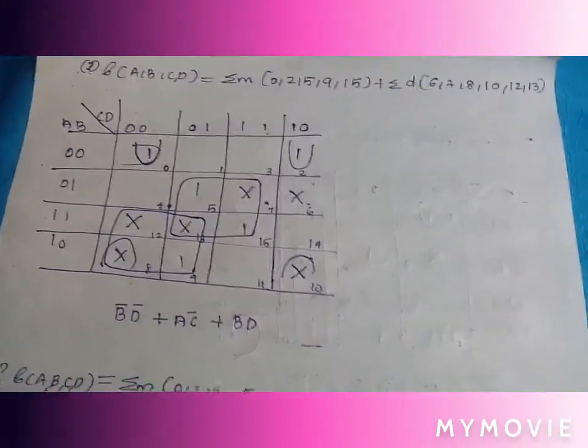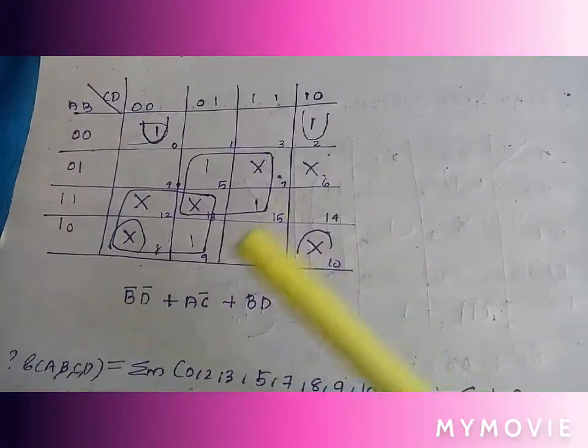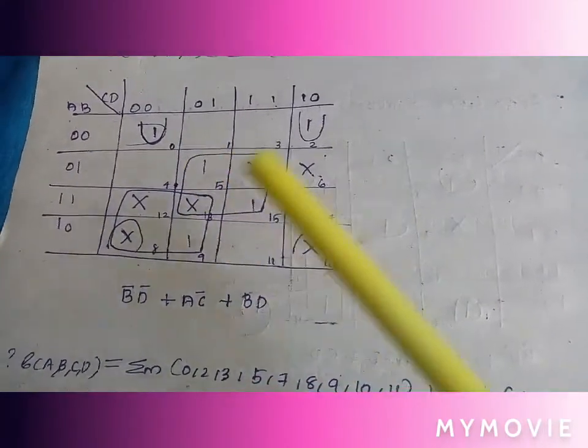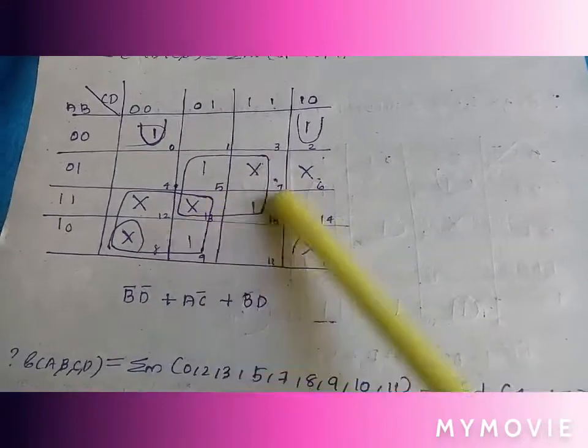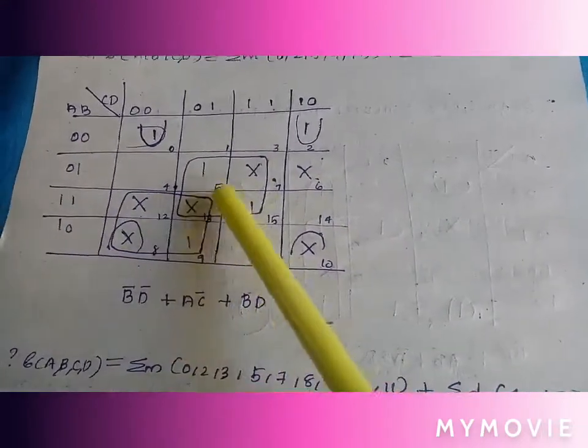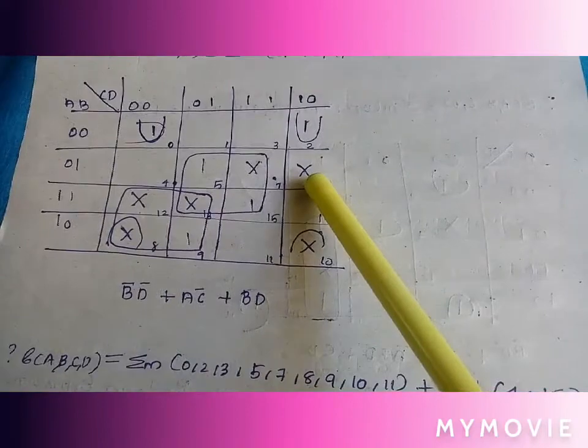We can make these edge ones a quad, and here is also a quad, and here also a quad, and here one lone don't care we can neglect.